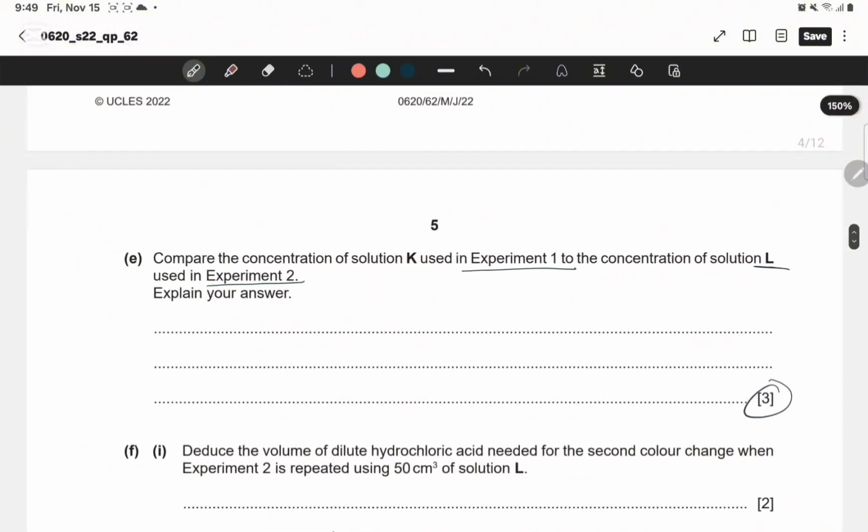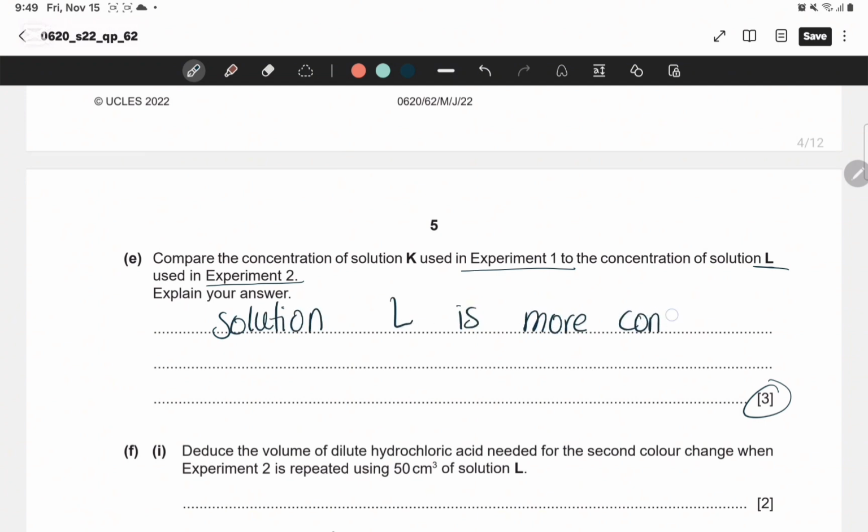So let's write that. Solution L is more concentrated than solution K. Now how do we find that?